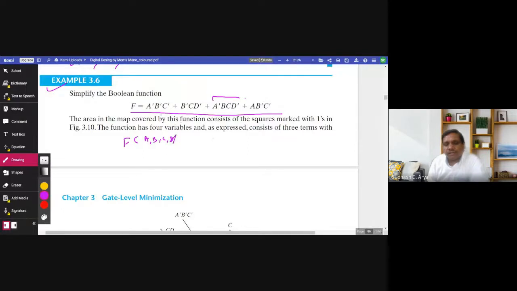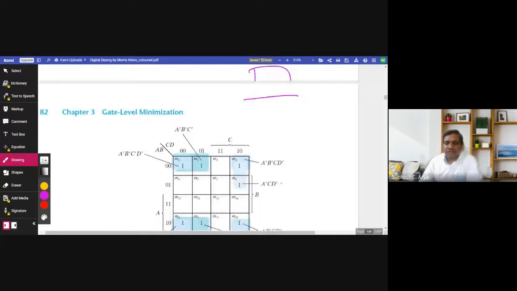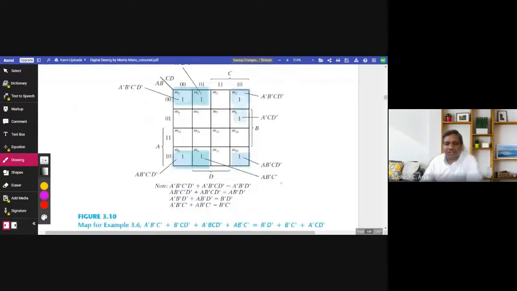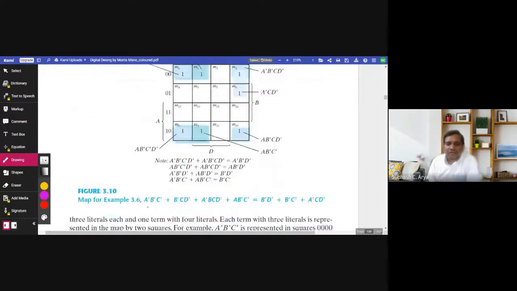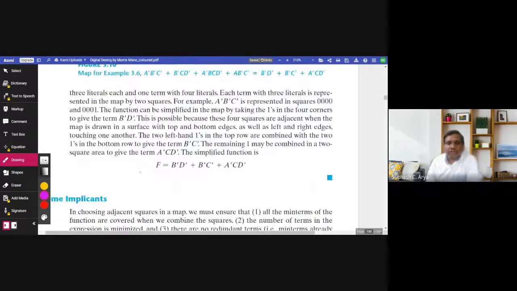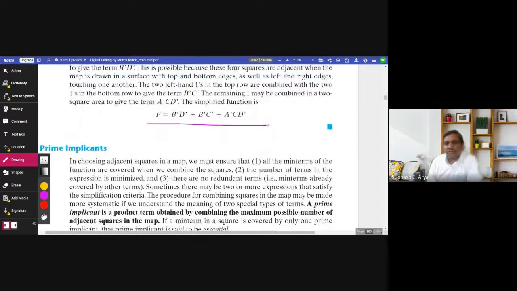Either write all minterms, because here d is missing, here a is missing, here d is missing, so find all missing terms, write them in summation form, fill them in the Karnaugh map, make the quads and pairs possible, and write the answer. Please try to attempt it and you will get the answer.